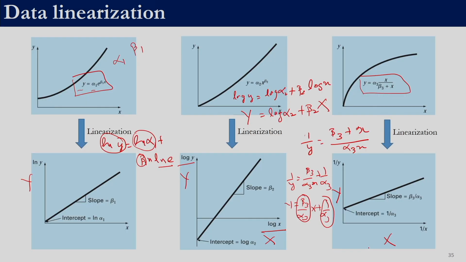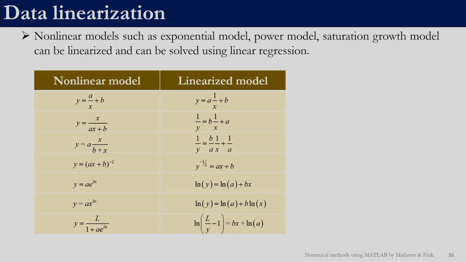All these figures have been taken from Numerical Methods by Chapra and Canale. These are some of the other examples of nonlinear models which can be converted into linear. I would leave it to you to figure out how to do it. You can look into the book Numerical Methods Using MATLAB by Matthews and Fink. It has a few more examples.